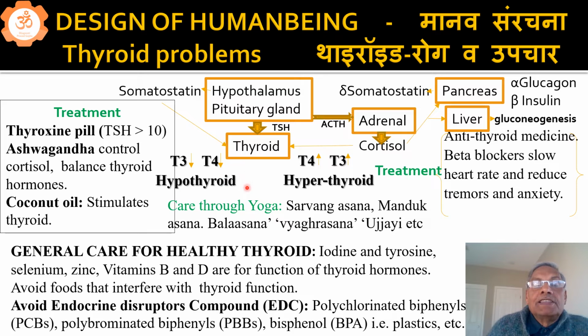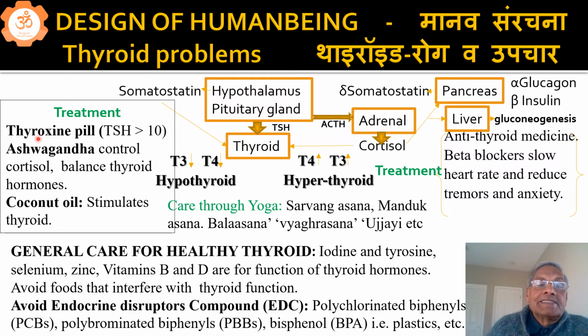It means early in the morning, half an hour before breakfast, one should take a thyroxine pill. This supplement is to be given because thyroxine hormone is not being released by the thyroid. So this is to be supplemented from outside. But this type of hypothyroid can be treated by other means also.